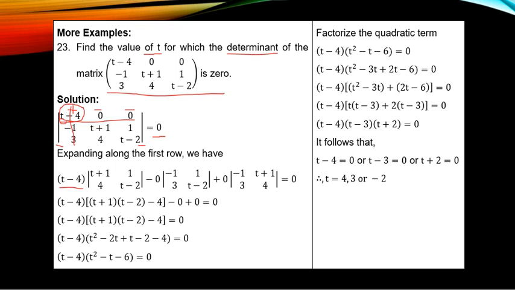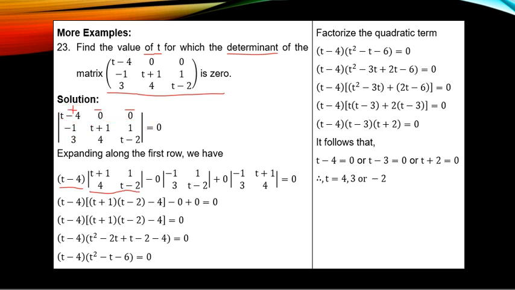So you have a 2 by 2 matrix that is left. When you have 3 by 3, the idea is to reduce it to a 2 by 2 before you can evaluate the determinant properly. That is for the first entry.